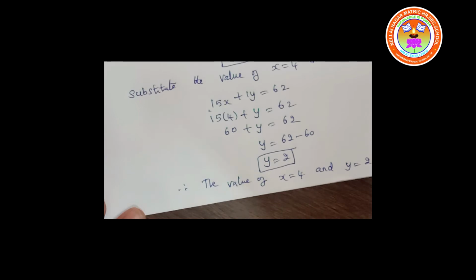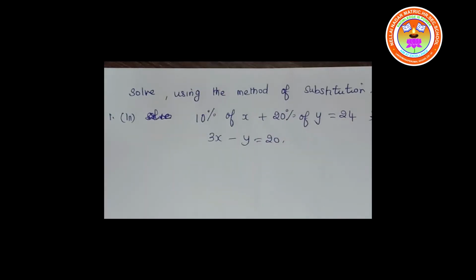It's clear, children? Question number 1, third subdivision. Solve using the method of substitution. 10% of x plus 20% of y is equal to 24 and 3x minus y equal to 20. Solution.